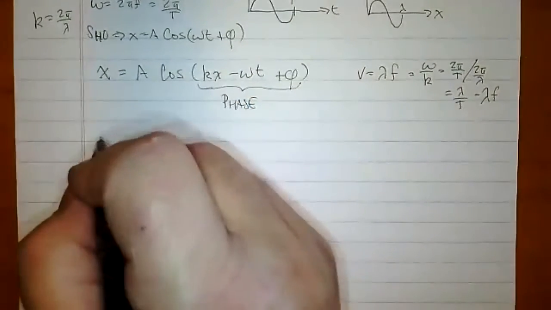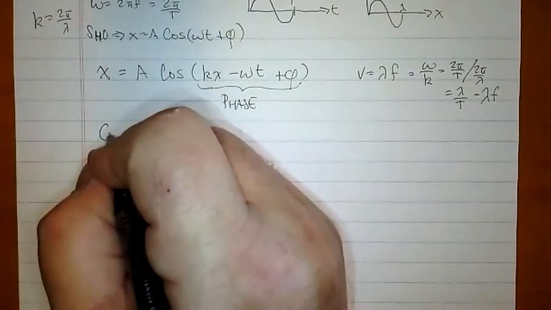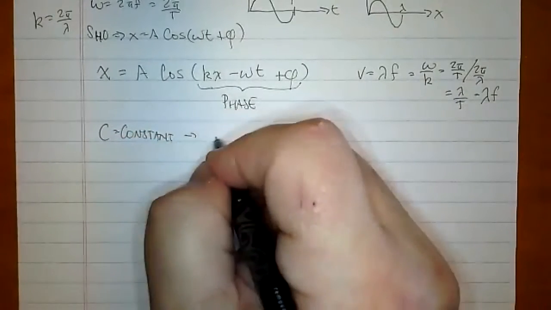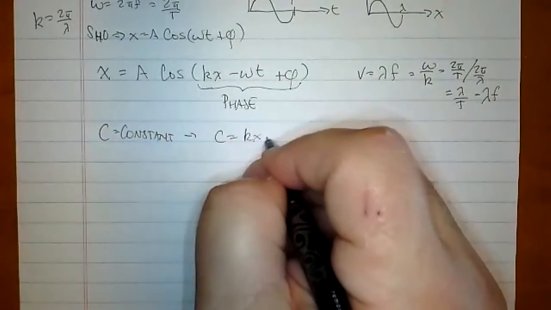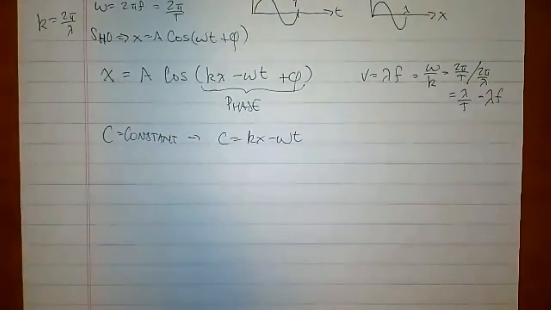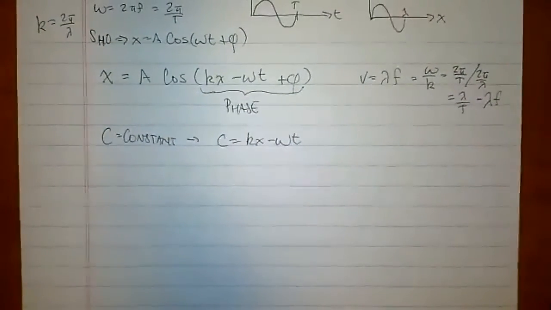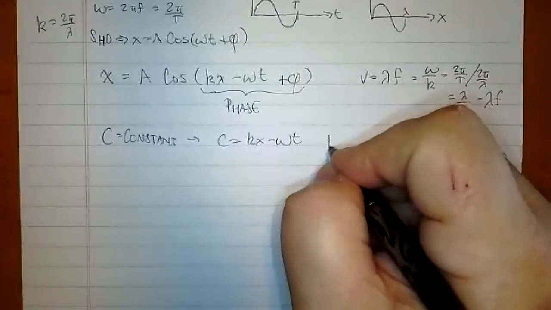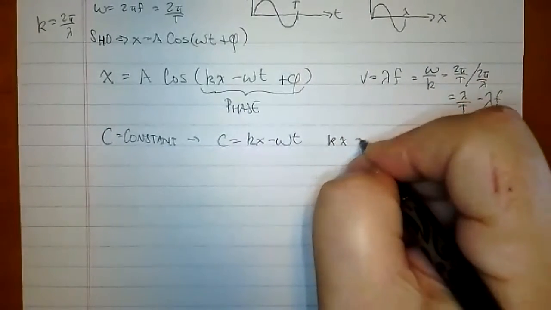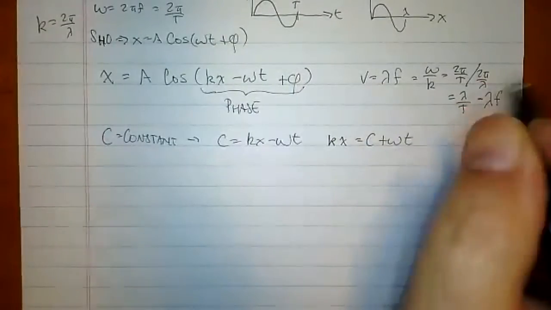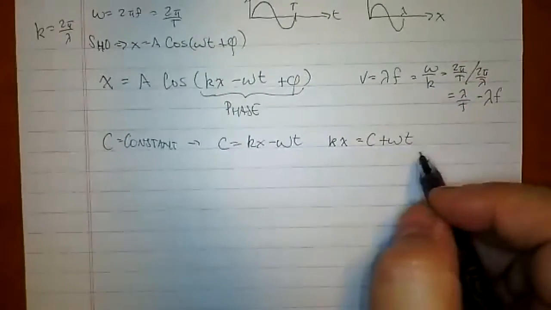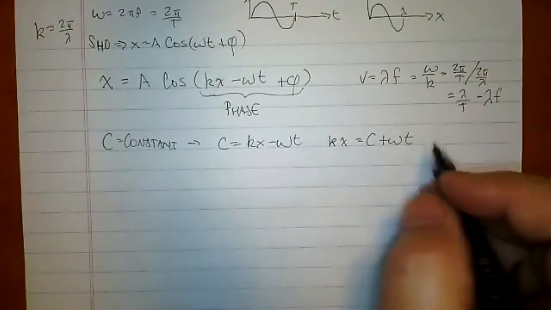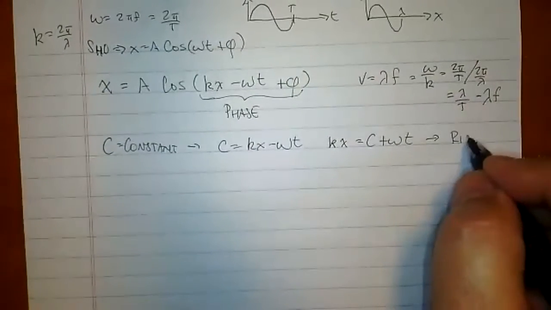So let's call it C equals a constant. Then C is equal to kx minus omega t. If I want to keep that constant, then that means kx is equal to C plus omega t. And you can see as t gets larger and larger, we get this constant plus a number. So in other words, this means it's a right traveling wave.